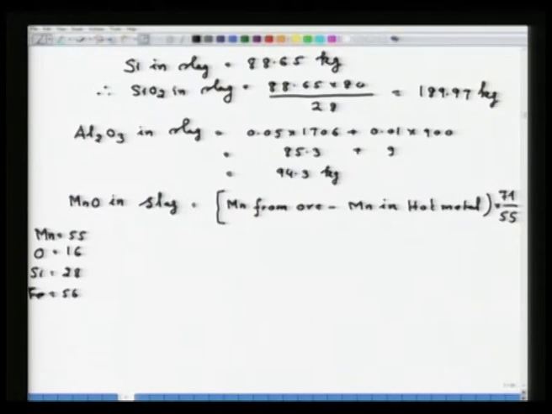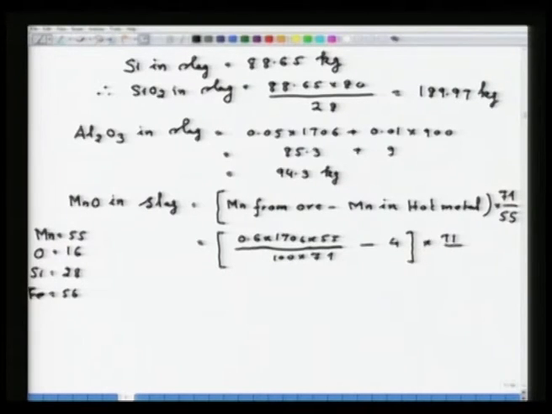So, if you substitute all the values, manganese from iron ore will be 0.6 into 1706 into 55 upon 100, minus 4, into 71 upon 55, and that makes approximately 5.1 kg.